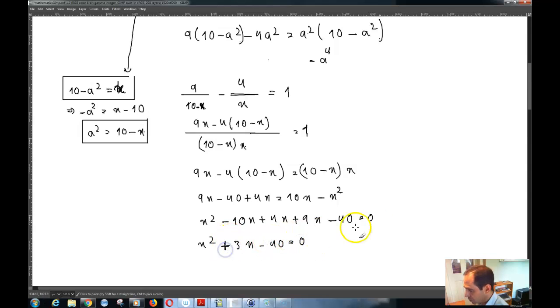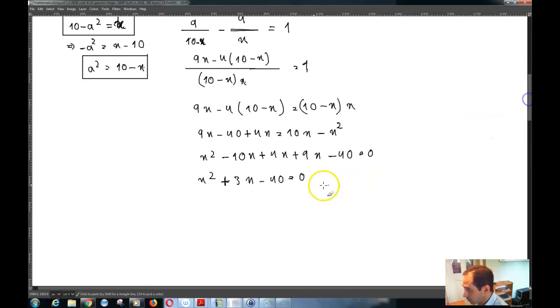And now I can solve this equation very easily, the way that I usually do solve a second degree equation. So 40 is the same thing as basically 4 times 10.